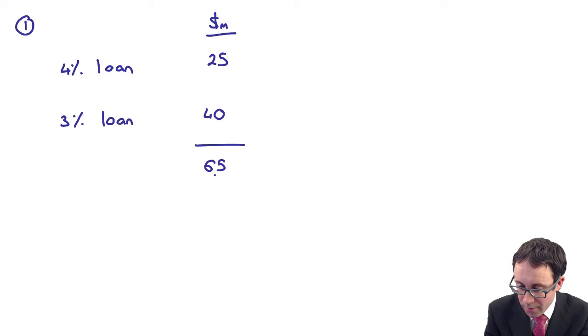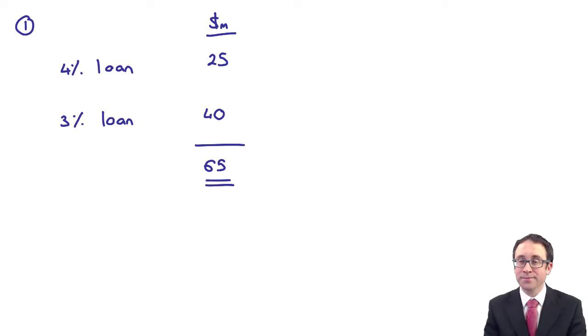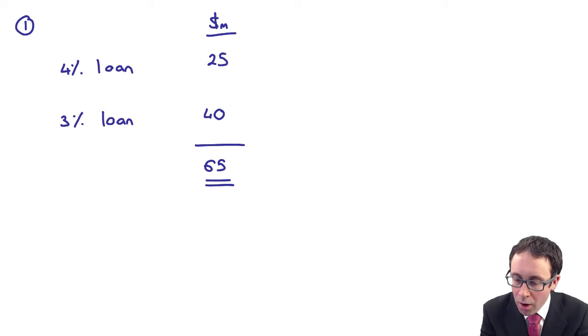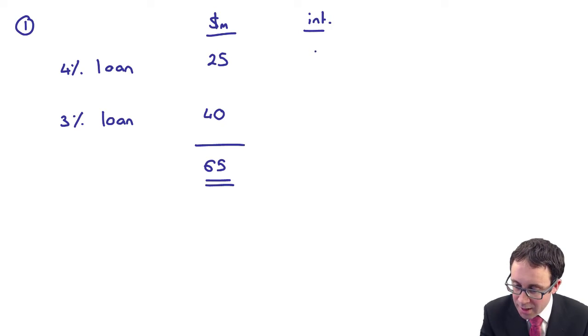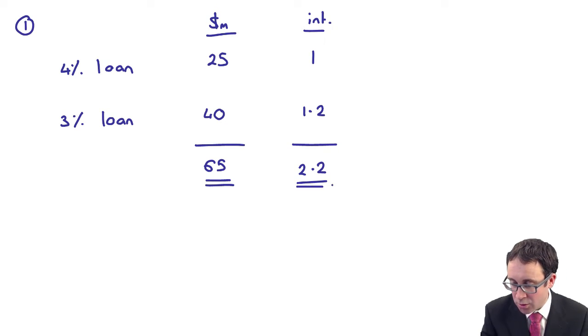If I total it up, I have borrowed as a company in total 65 million. But what is the interest on each of them? How much interest am I paying? So 25 at 4% is 1 million. 3% on 40 is 1.2. So that gives me $2.2 million.